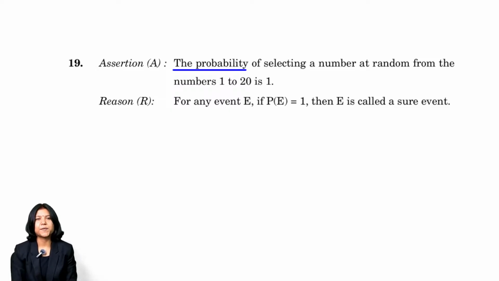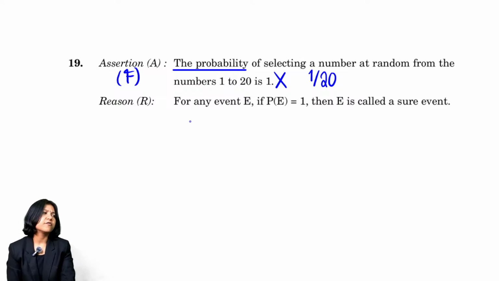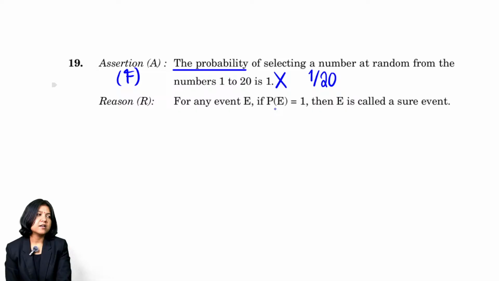So the probability of that event occurring is definitely 1. 1 means 100%, right? 100 out of 100. So selecting just the number 1 out of 20 numbers, is the probability 1? No, it has to be 1 upon 20. So clearly the first statement, the assertion, is false. Okay, and now the reason given to you: for any event, if the probability is 1, then E is called the sure event.